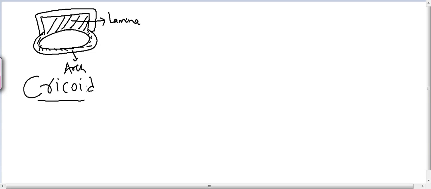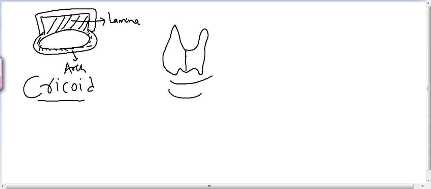Further moving on to the cricoid cartilage attachments, as we can see, anteriorly it is just inferior to our thyroid cartilage. It is attached to the thyroid cartilage by a membrane called cricothyroid membrane.